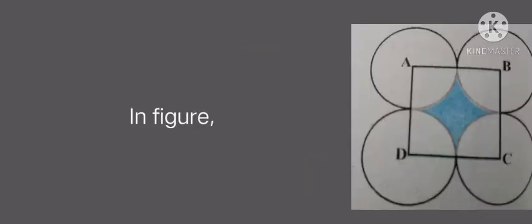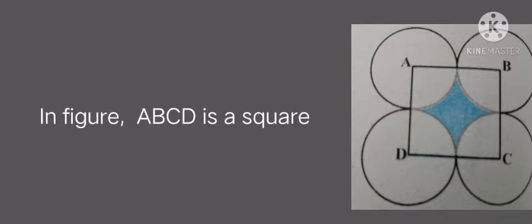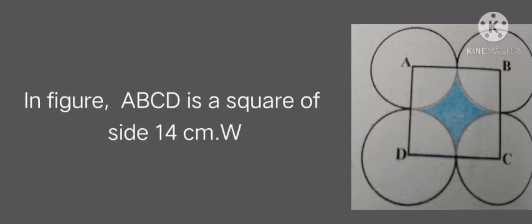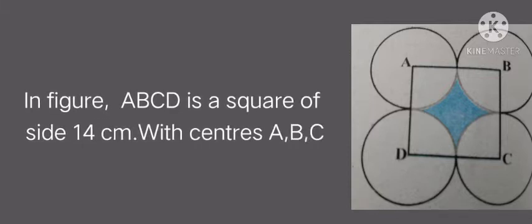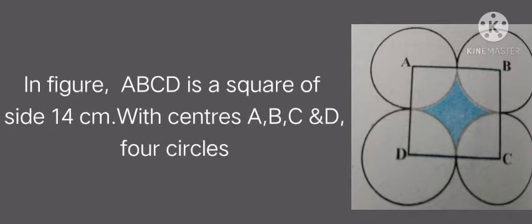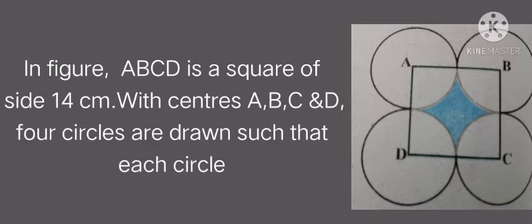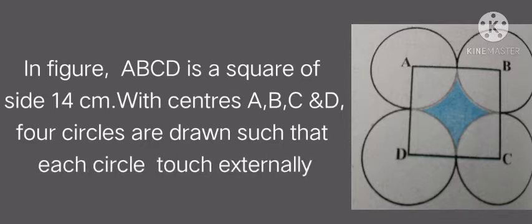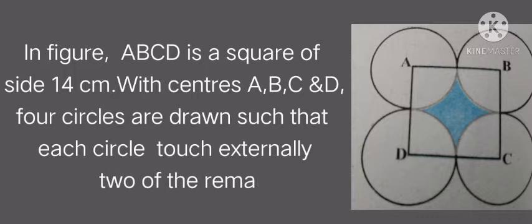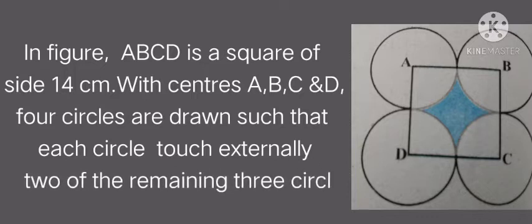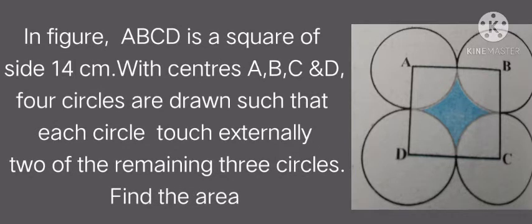In the figure, ABCD is a square of side 14 cm with centers A, B, C and D. 4 circles are drawn such that each circle touches externally 2 of the remaining 3 circles.